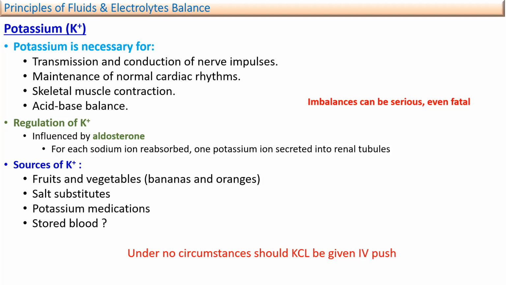So patients with, for example, severe anemia will receive multiple blood transfusions, and because potassium is the intracellular cation, it will be inside the RBCs, inside the cells. So when these cells burst and break down, this results in the release of potassium in the plasma, and the patients develop hyperkalemia due to that.